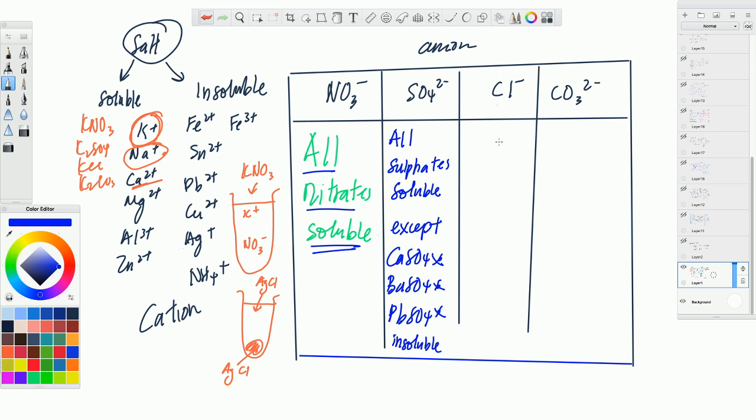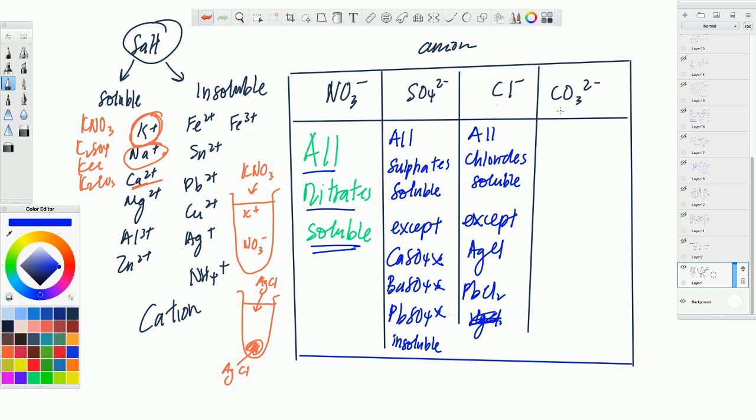Okay, chlorides. All chlorides are soluble. Okay, except for silver chloride, lead chloride, and mercury chloride. But we hardly use this lah. Mercury chloride we hardly use, so it's not important.